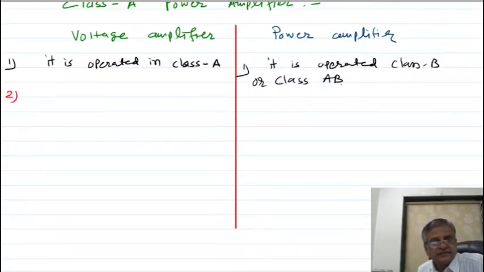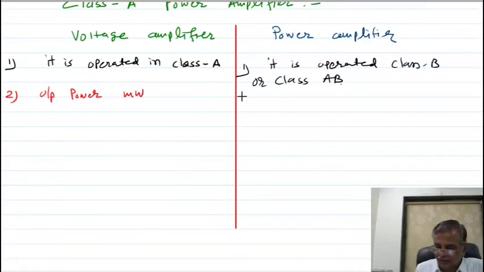Second difference: here in the voltage amplifier the output power is of the order of millivolt only, very less. Here in the power amplifier the output power is of the order of watt.